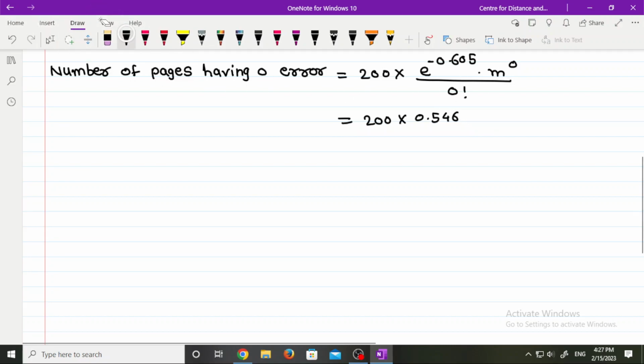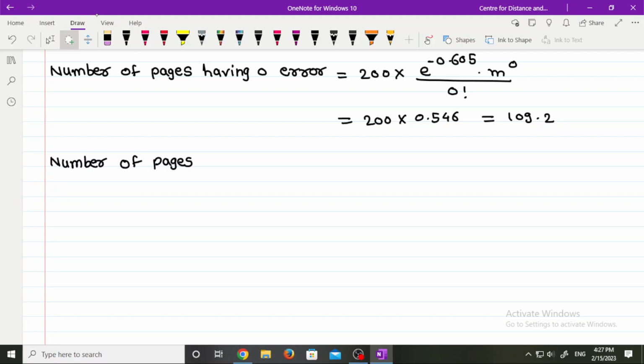So, we get 200 into 0.546 is equal to 109.2.